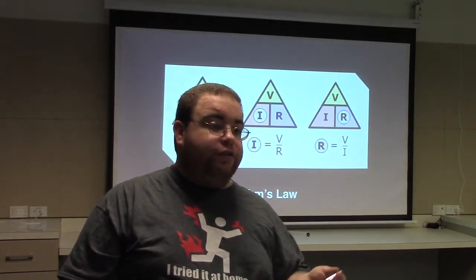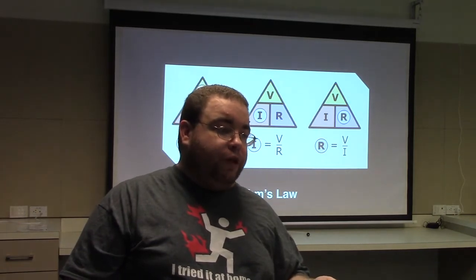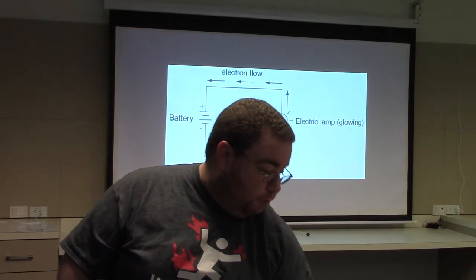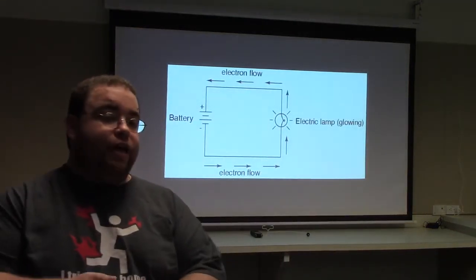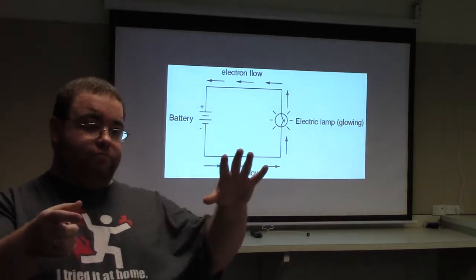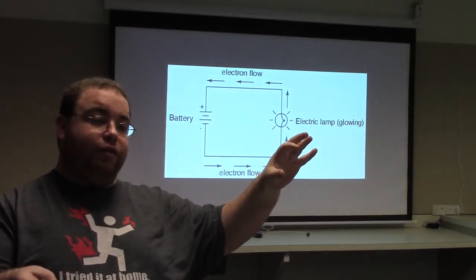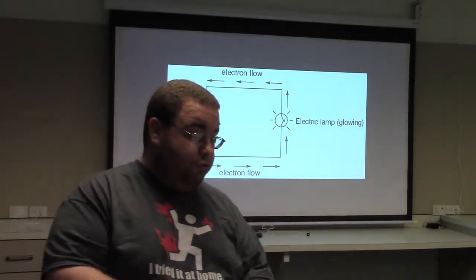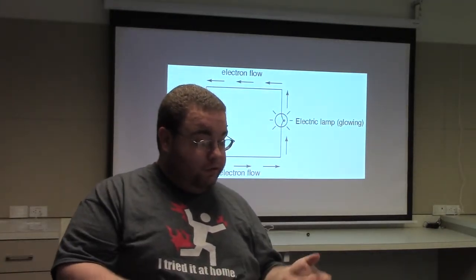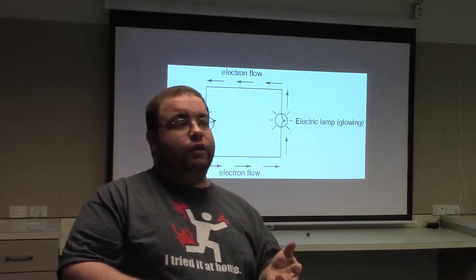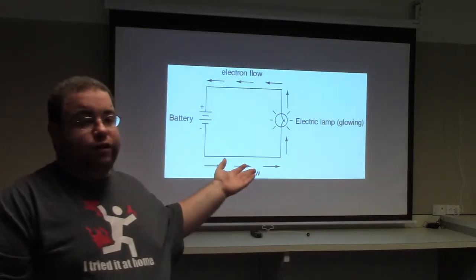People get these three things confused a lot. Resistance relates to a path through the circuit. So one path through the circuit is going to have some total resistance across that path. This circuit only has one path through it.